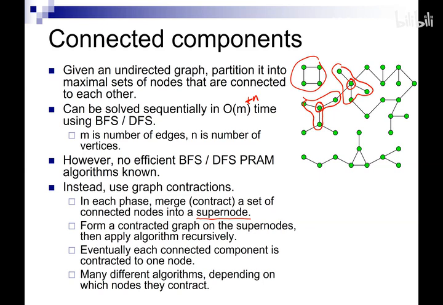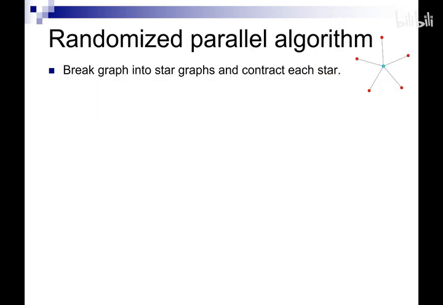So this is the basic idea for this algorithm, but there are actually many different ways that we can implement it, because it depends on how we implement this contraction operation. We have different ways of implementing contraction. Today I'm going to talk about two different algorithms for connected components.